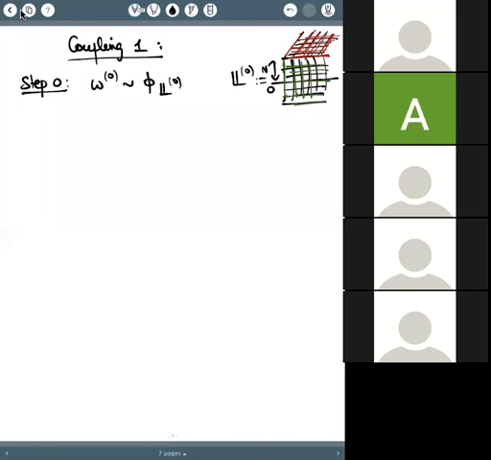What I'm going to do is the following. I'm going to take omega t+1 to simply change by a track exchange of omega t.